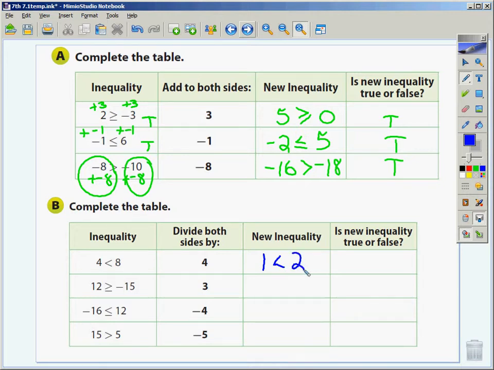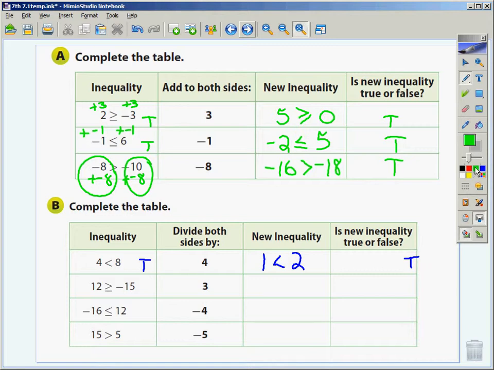Again, if I look at my original inequality, 4 is certainly less than 8. That's true. Is 1 less than 2? Yes. That's still true. So it appears that if I divide both sides by the same thing, I'm still all right. Correct? That's what it looks like.